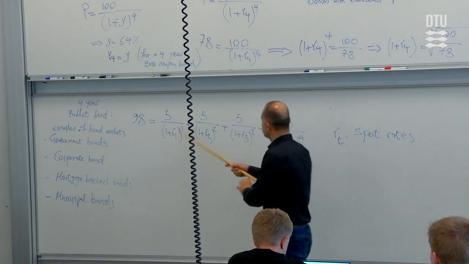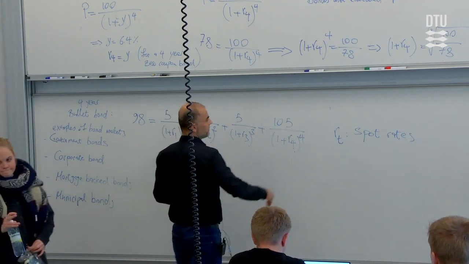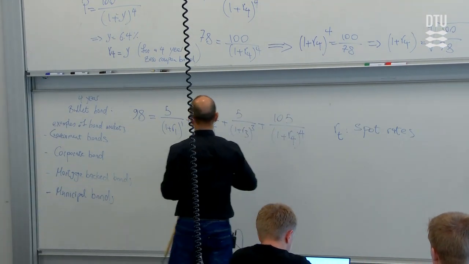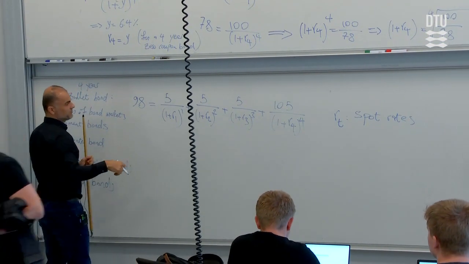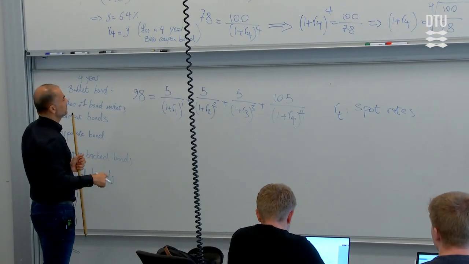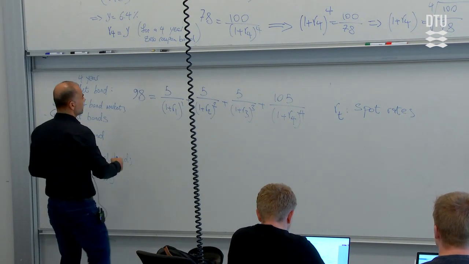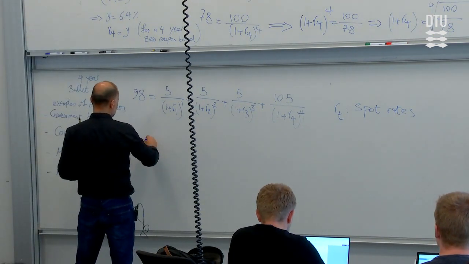So this was a 4-year bond, and if I give you another bond, let's say a 2-year bond, which has a coupon of, let's say, 2 rather than 5.